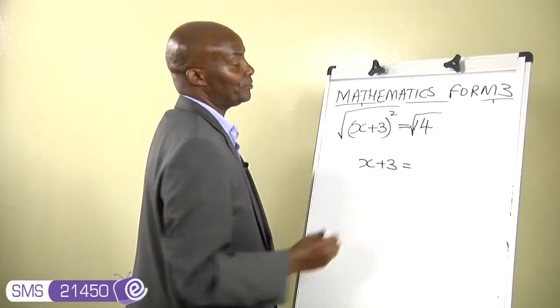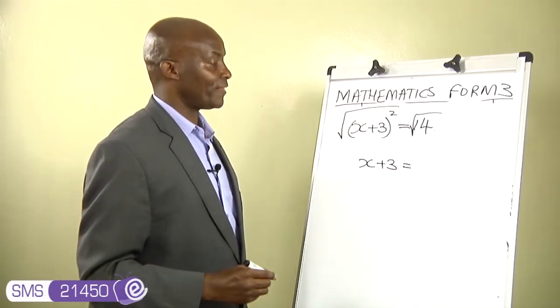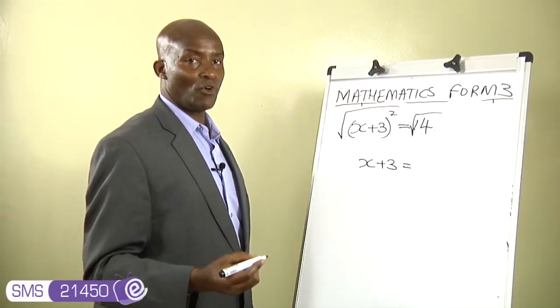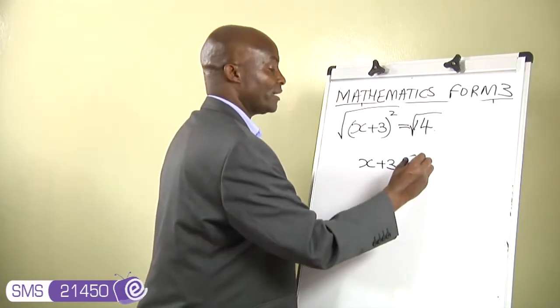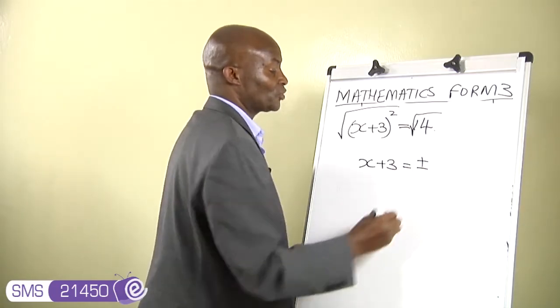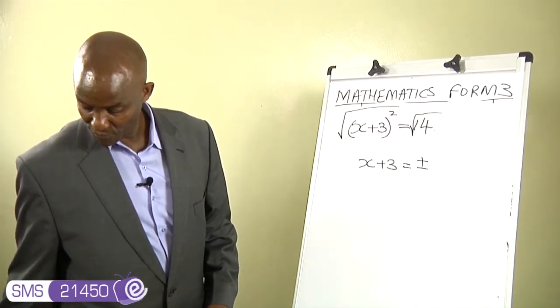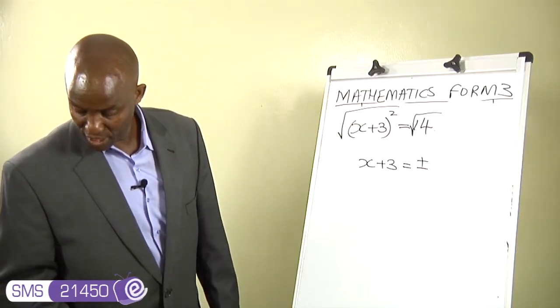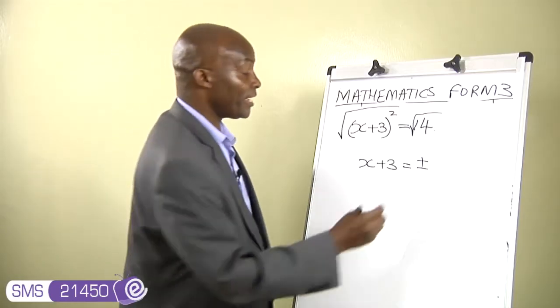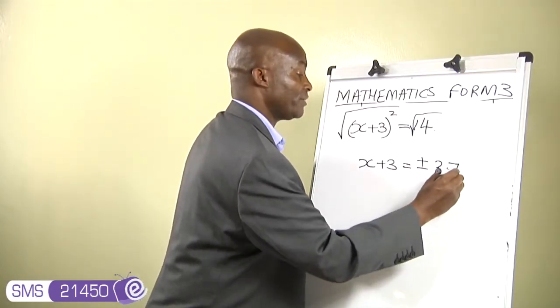This will be equal to, now remember what we said, that a square root has both plus or minus. So you say plus or minus square root of 14. The square root of 14 from your tables should give you 3.742.